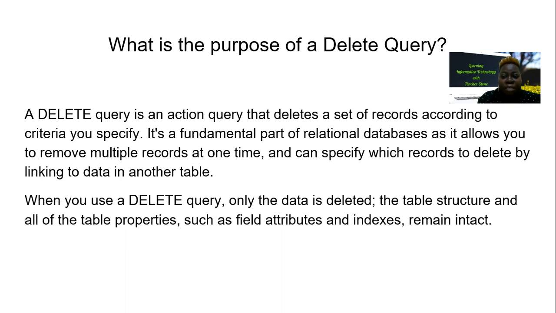And you are able to specify which records you want to delete by linking to data in another table. The good thing about the delete query is that when you use it, only the data is deleted. So our table structure remains intact. Our fields, our attributes, and even our relationships that we would have created between the tables remain intact when we use this type of action query.